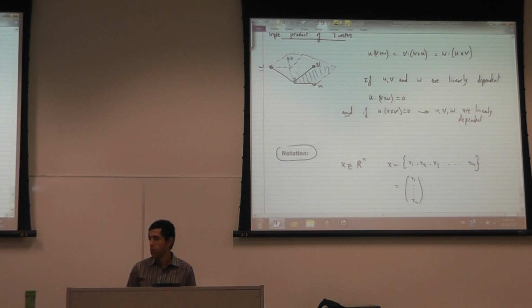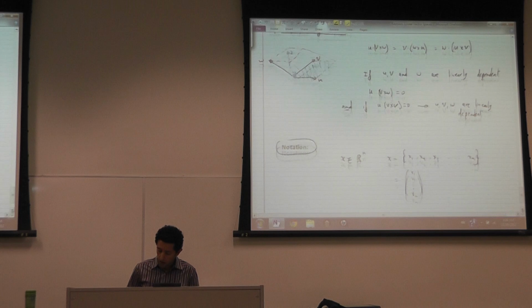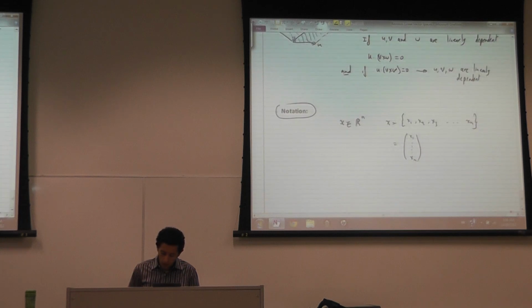I do not differentiate between a row or a column vector unless I'm multiplying a matrix by a vector. When I multiply a matrix by a vector, I have to present the vector as a column vector. xi represents the i-th component of x.